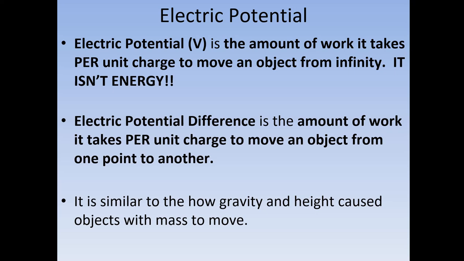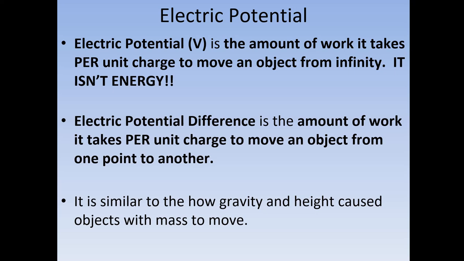It's actually more of a description, or a statement about how likely charged objects are willing to move between 2 points. In fact, one of the things that electric potential is usually related to is gravity and height.